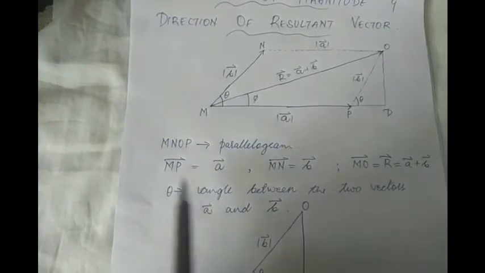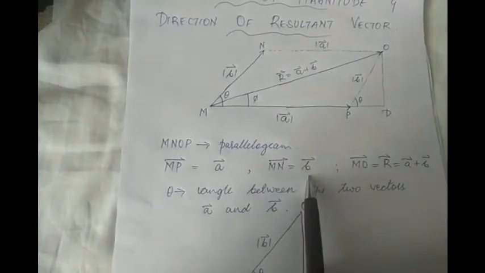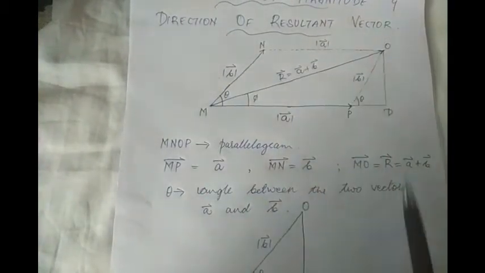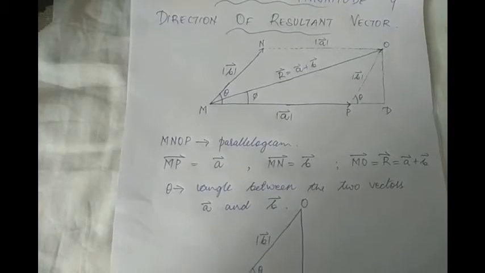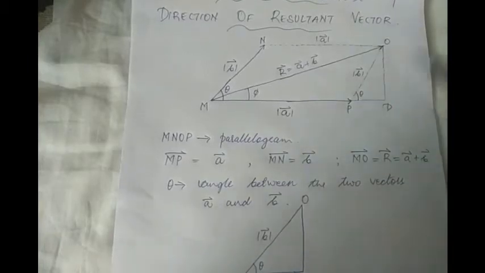So MNOP is our parallelogram, MP is vector A, vector MN is vector B, MO is our resultant vector, which is vector A plus vector B, and theta is the angle between the two vectors A and B. This is something that I've already told you. What I've done is I've only drawn this triangle over here, POD.